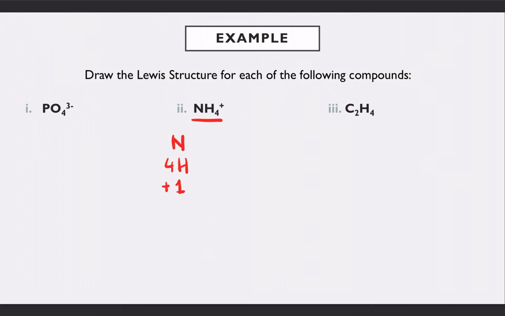So nitrogen is in group 15. Okay, so we have 5 electrons. Okay, hydrogen, we have 4 of that, and we are going to minus 1 electron because we have a positive charge. So 4 plus 5 is 9, minus 1 is 8. So we have 8 electrons to distribute around NH4 plus.